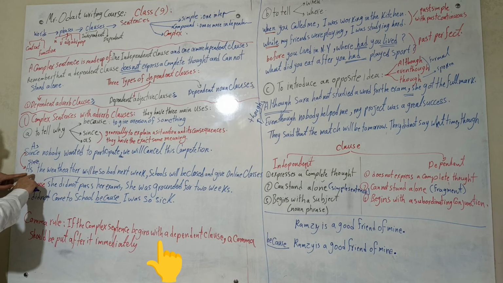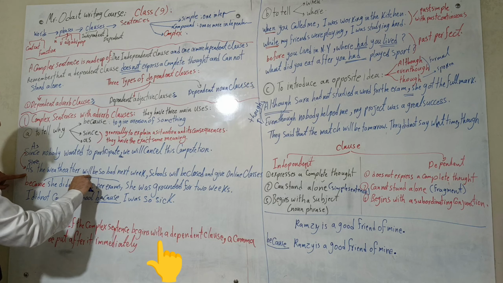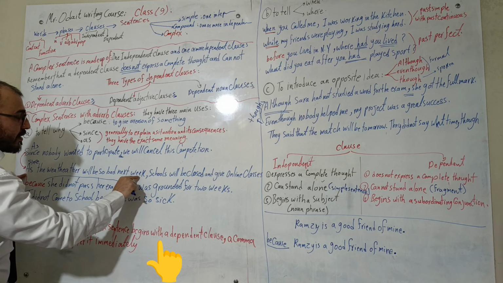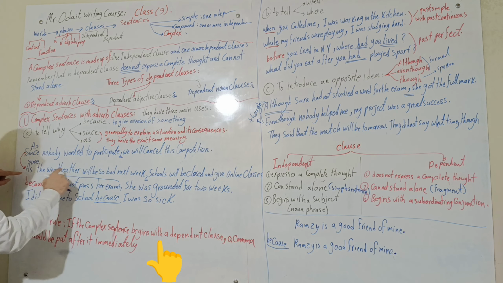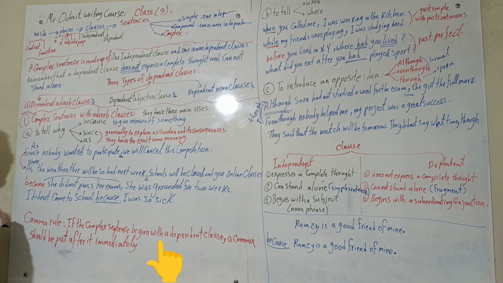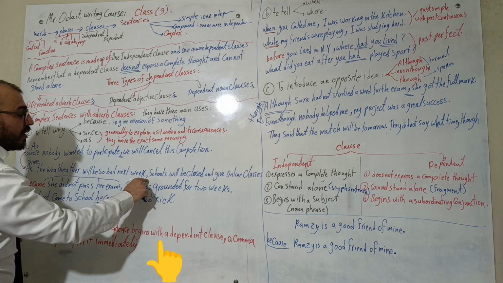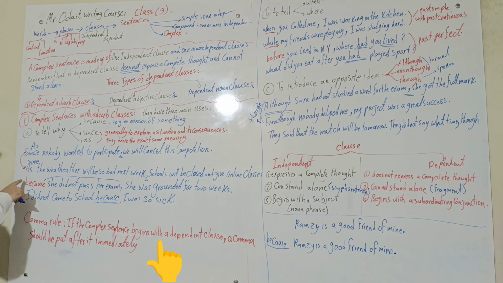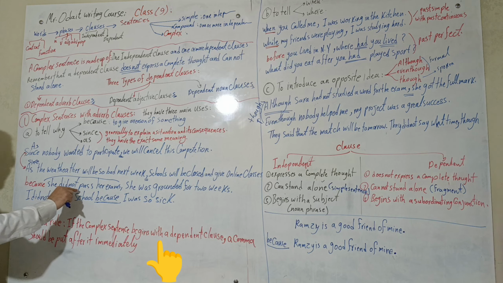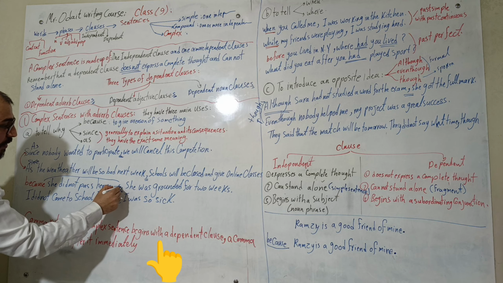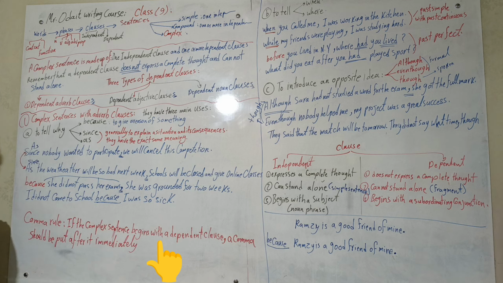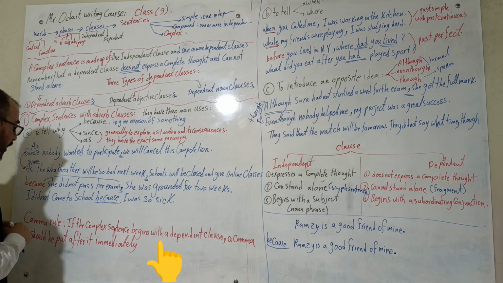And here, as the weather will be bad next week, also, I started with the dependent clause. At the end of the dependent clause, I should use a comma. I should separate the dependent from the independent clause with a comma. Again, here, my friends, because she didn't pass her exam, I started with the dependent clause. That's why I separated it with a comma.